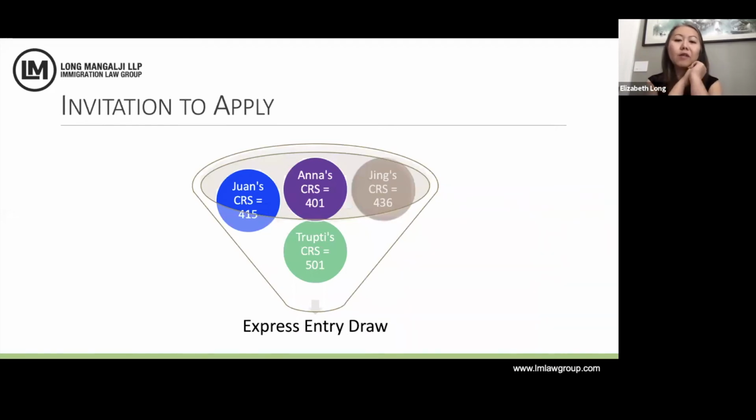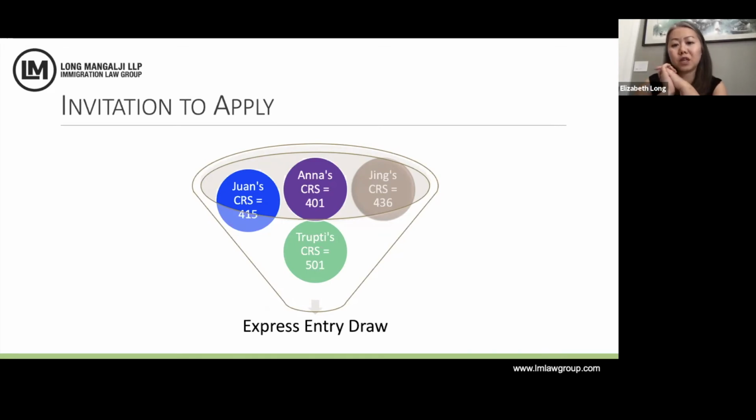Now, I have 4 people, for example, who are in the pool. Juan has 415, Anna has 401, Jean has 436, and Trupti has 501, okay? If the draw was for Canadian Experience Class and the draw was for 432, who's gonna get through?